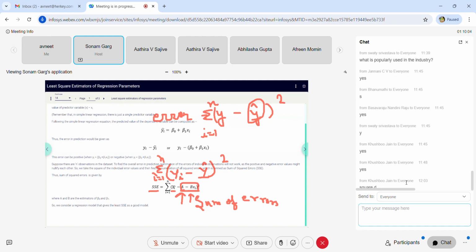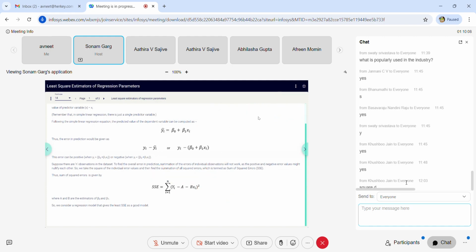That means the ultimate job now is to minimize the sum of squared errors. Now we have differential calculus, a way to find local minima and maxima. The first order differential of any equation gives you a point of local maxima or local minima.